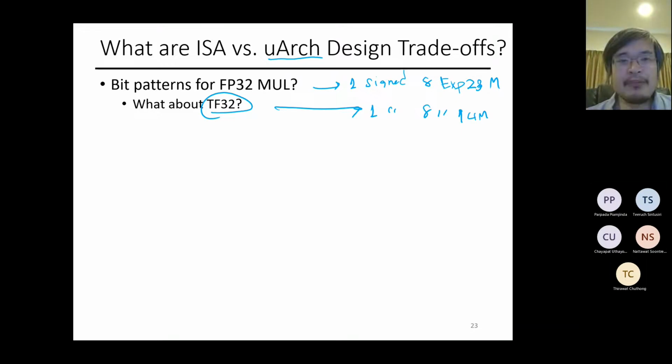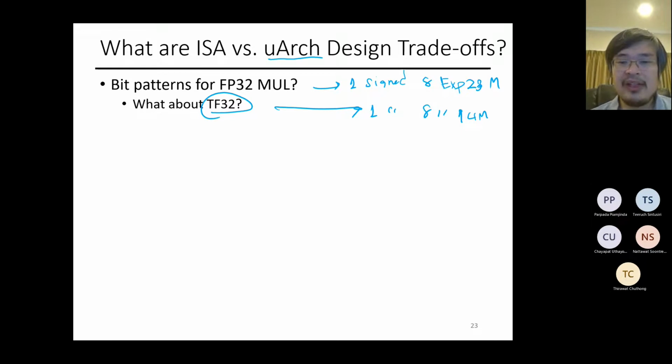But floating point 32 is more accurate to the true value of that number. So if you are working on an application that requires a lot of accuracy, then you would still need floating point 32. So that's a design trade-off, right?